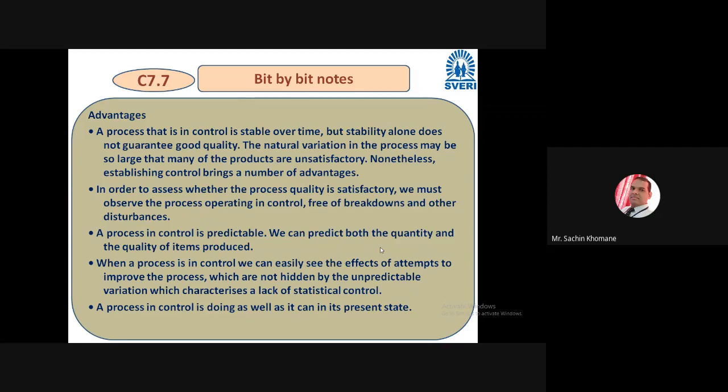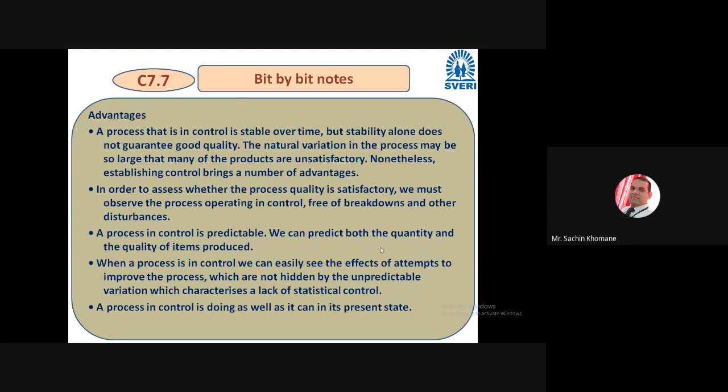Nonetheless, established control brings a number of advantages. So in order to assess whether the process quality is satisfactory, we must observe the process operating in control, free of breakdown and other disturbance.